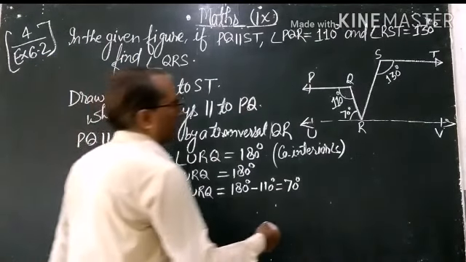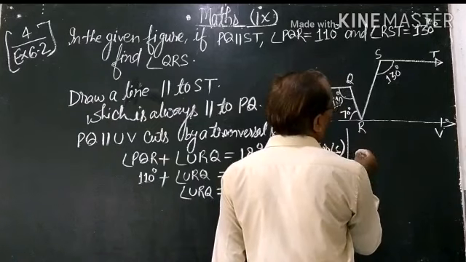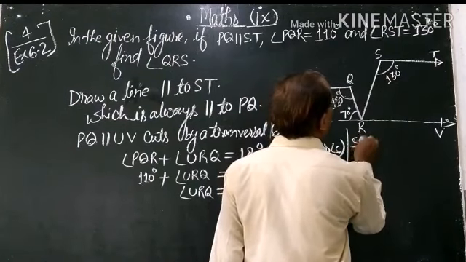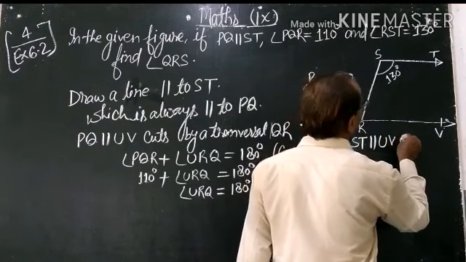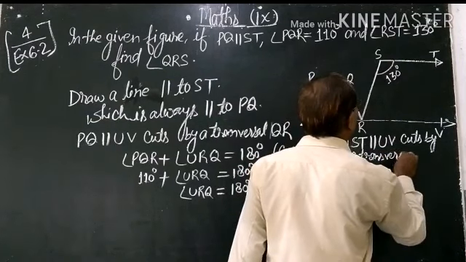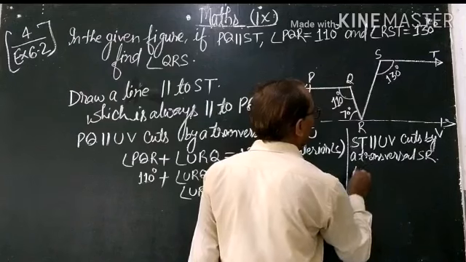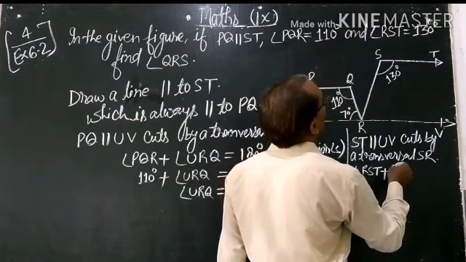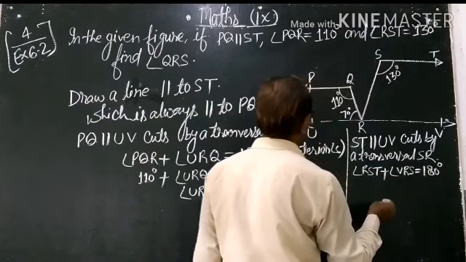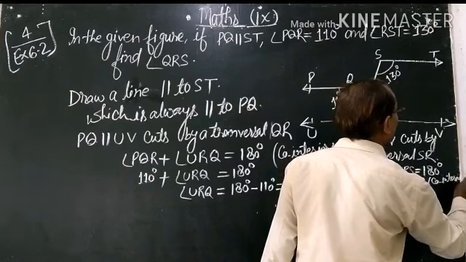You write here, ST parallel to UV is cut by a transversal SR, then angle RST plus angle VRS is equal to 180 degrees by the property of co-interior angle.